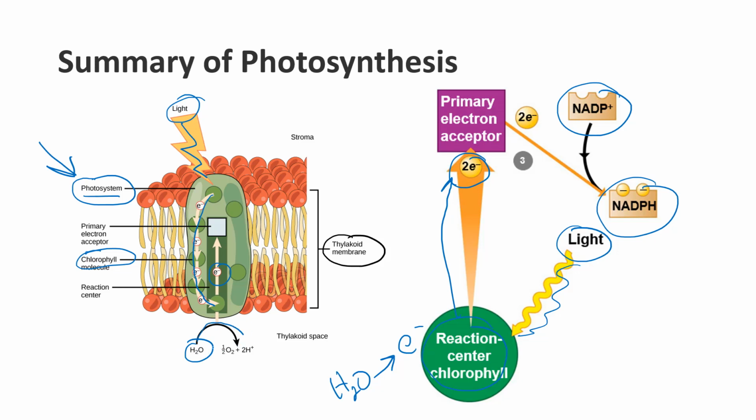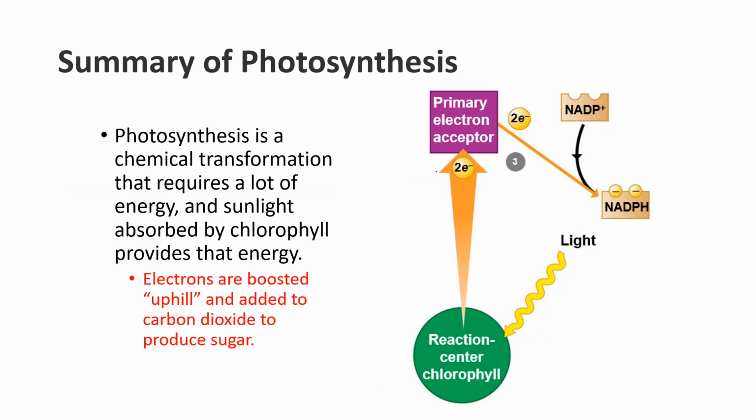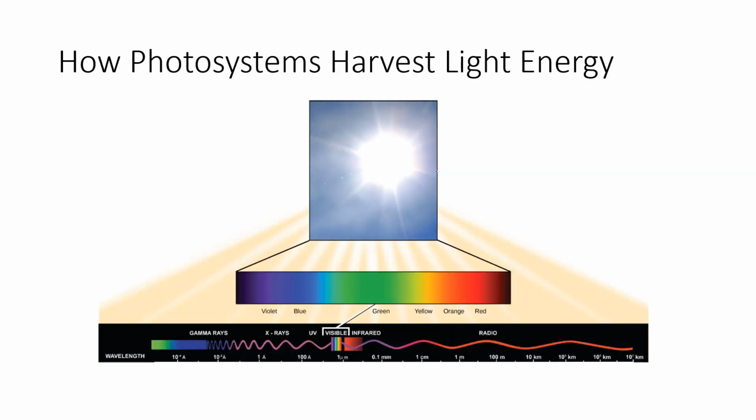And when water is oxidized, when those electrons are stripped away from water, that's where that oxygen comes from, and then we get these high energy electrons as a result. And those high energy electrons are going to go and be used again either to make ATP, or are going to be shuttled into the Calvin cycle, and ultimately those high energy electrons are going to be incorporated into the covalent bonds of glucose.